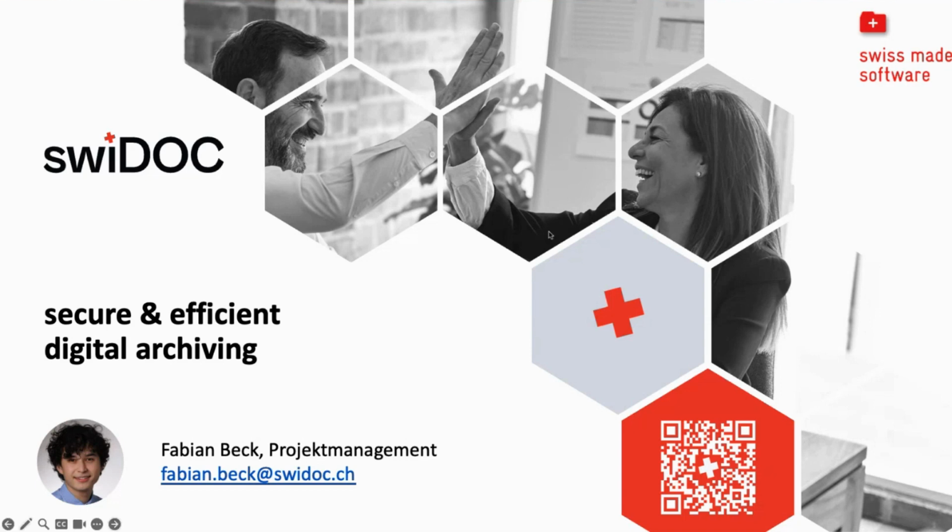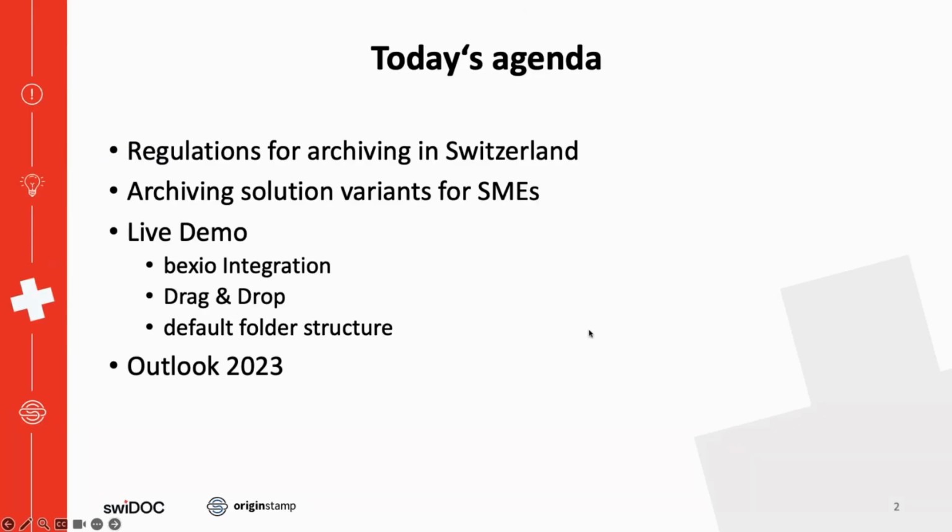So with that, let's move on to today's agenda. First of all, I'm going to talk a little bit about the regulations that exist. So what are the compliance rules for archiving? And then give an overview of two examples of how SMEs could solve these compliance rules in their enterprises.